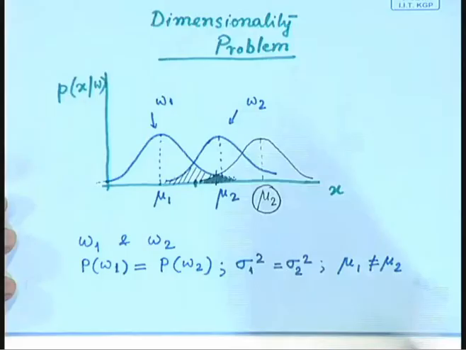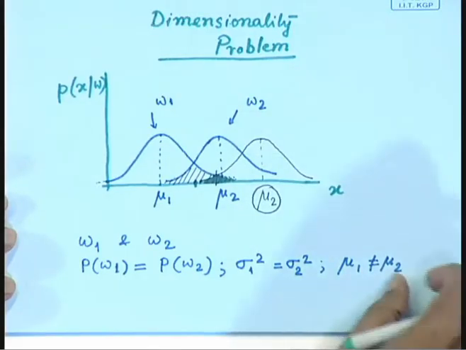But that leads to another problem. Should we go on increasing the dimensionality of the feature vector without any control? That is the dimensionality problem. So, let us see what kind of problem we will face if we go on increasing the dimensionality of the feature vector. Okay.